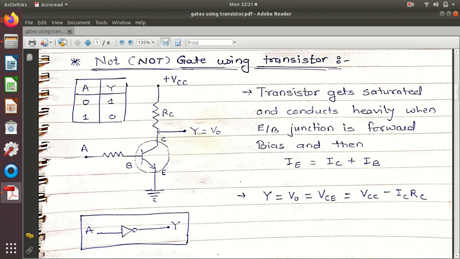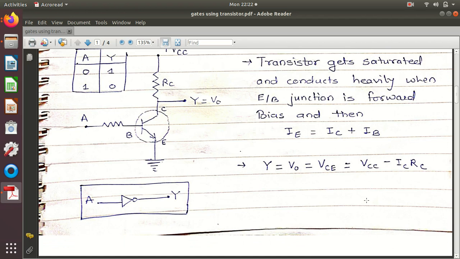So here our output, that is Y, which equals V0, is nothing but the voltage across the transistor, VCE. And by Kirchhoff's law, we can say that VCE is nothing but VCC minus ICRC, where IC is the collector current that flows through this resistance RC. So output V0 equals VCC minus ICRC.